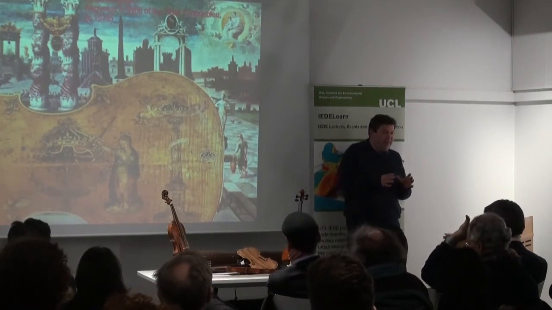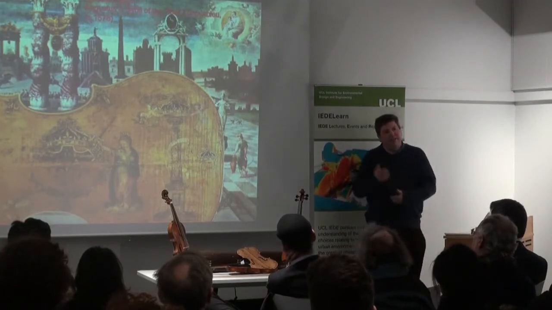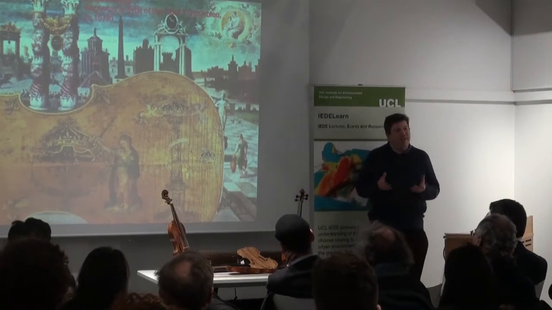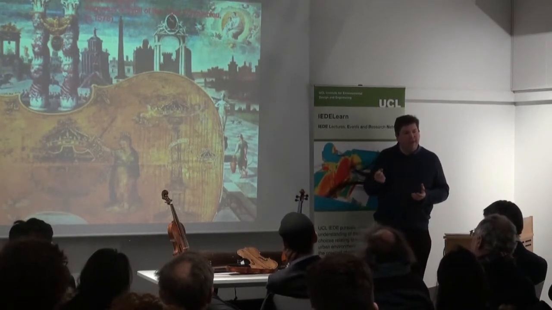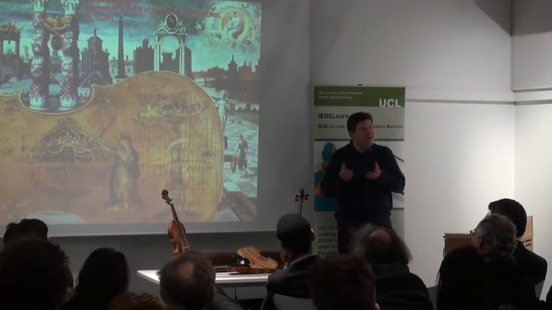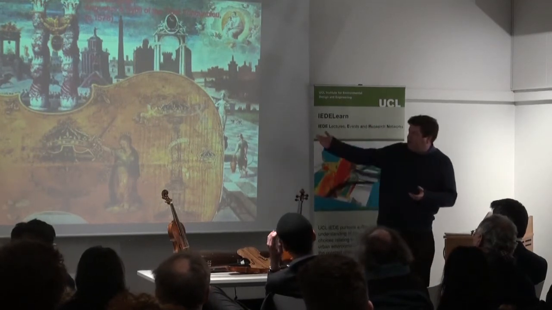And amazingly, from that point, we get these instruments. Gaspar de Salo, who I spoke about, who works in Brescia, is the old established instrument maker in northern Italy. In 1564, a guy called Andrea Amati in Cremona gets the contract to supply these instruments for these court festivities. This is one of them.